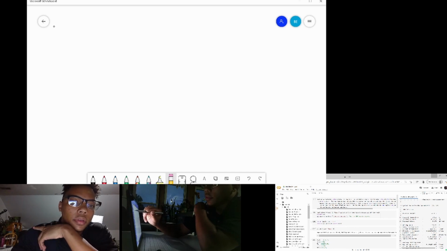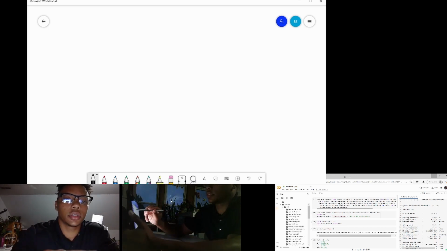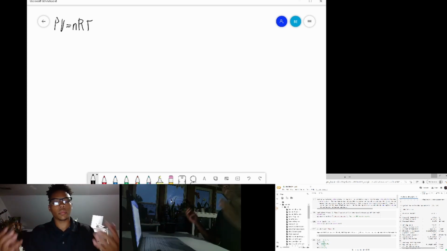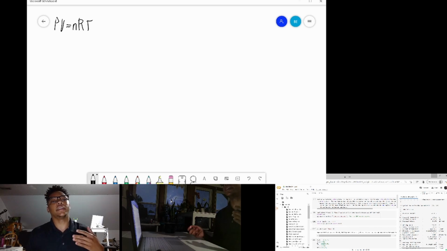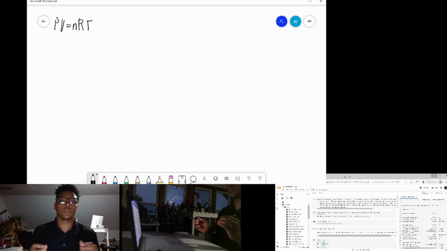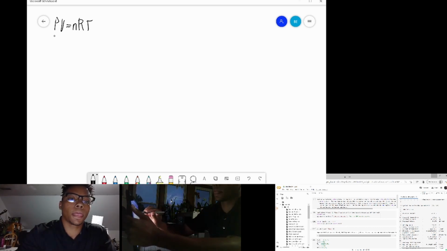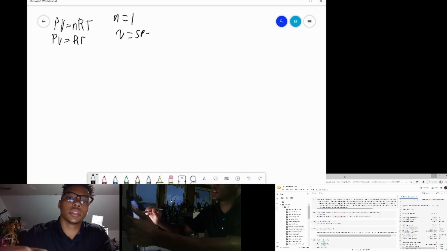So we have P V equals N R T. That is true, but whenever we have a specific volume, our moles becomes 1, and so we get PV equals RT when N is equal to 1, giving us a V, which is specific volume.